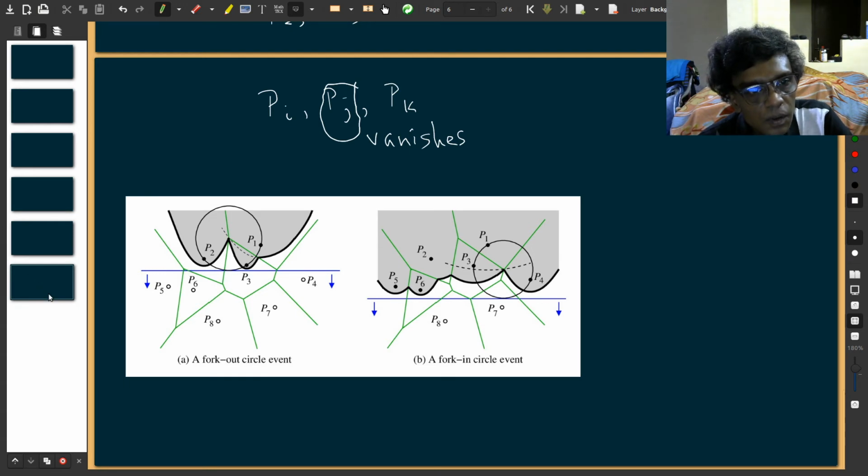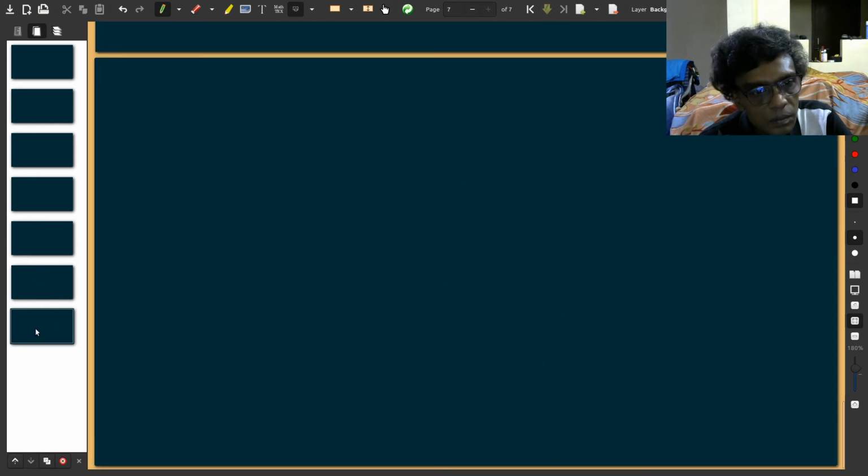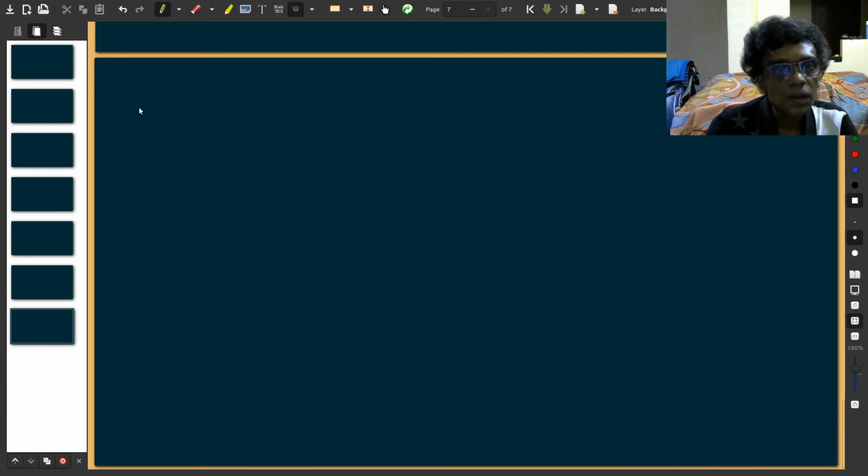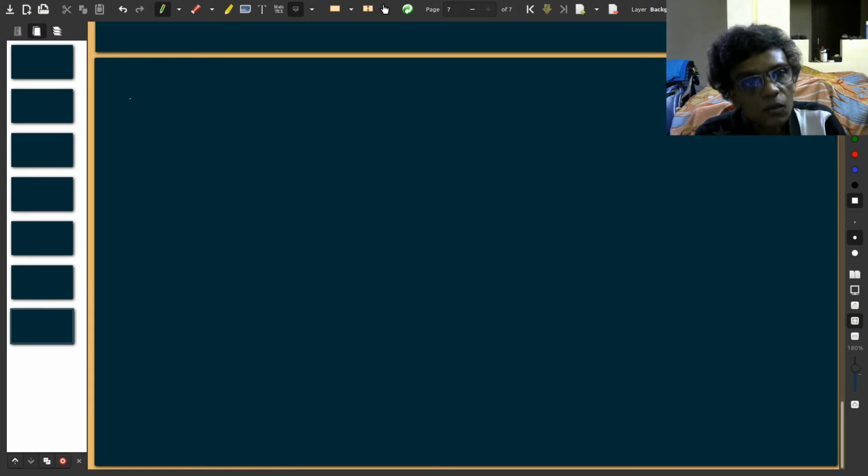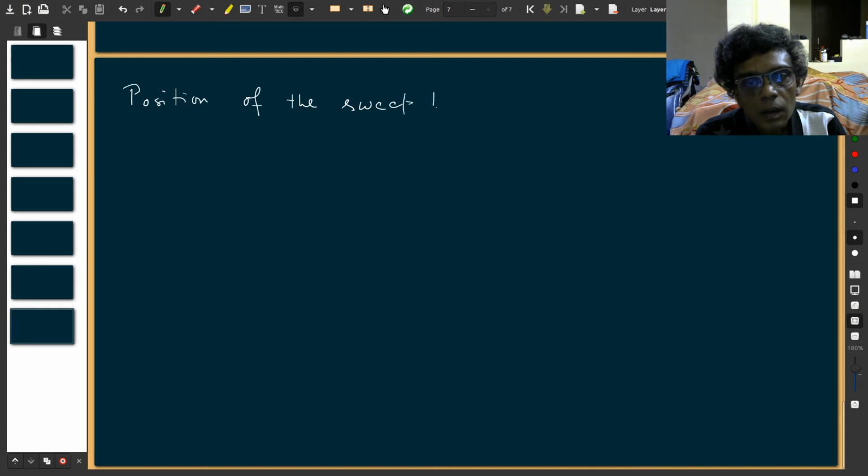So once again, let me mention how to handle this. Okay, so I need to know the position of the sweep line, in particular the positions where events occur.